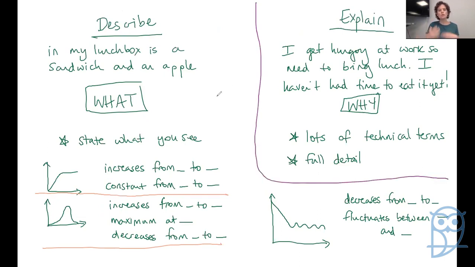And that's why they say, using the information in figure blah, blah, blah, describe the effect of blah, blah, blah. So describe the effect of is it increases, it decreases, it fluctuates, it has a maximum at. But using the information in figure blah, blah, blah means that we have to get some data points out. So it increases from 0 to 5.